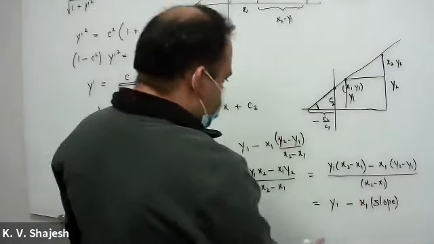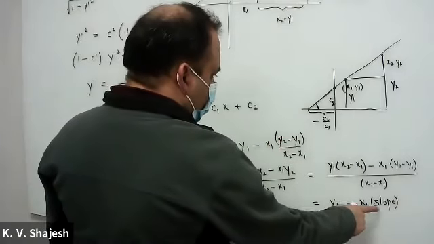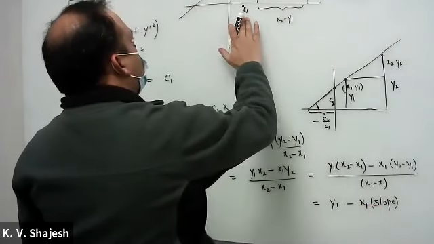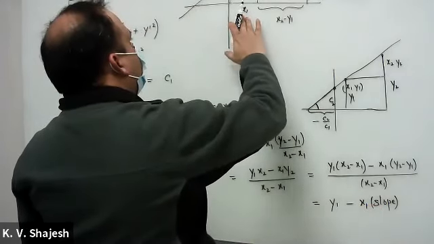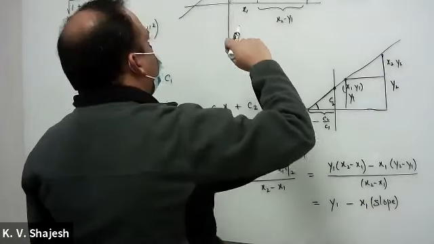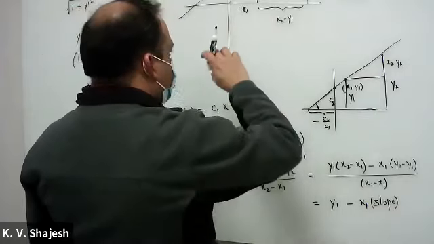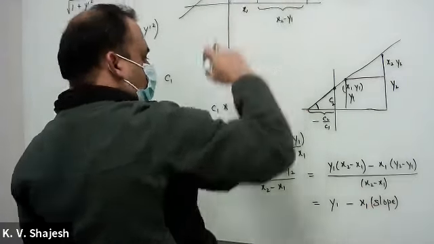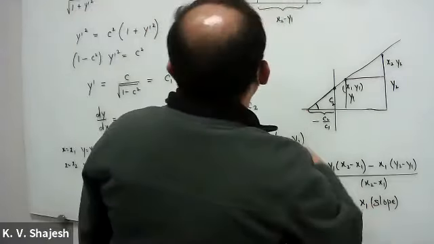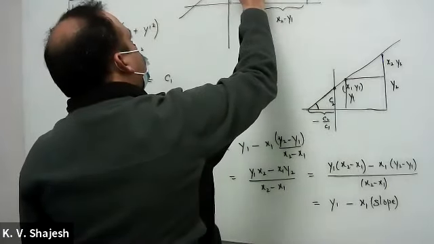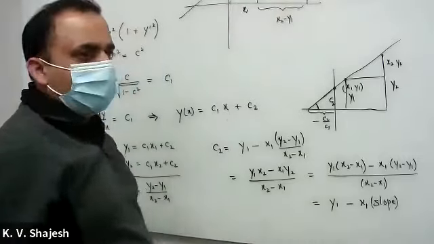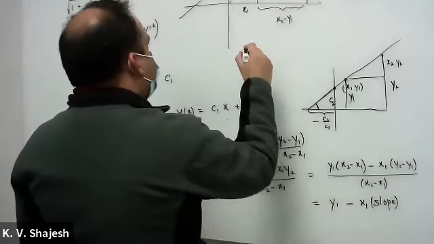Right? So what is x1 times slope equal to? If you go x1, that will give you y1, right? So this is nothing but y1, but that y1 is actually C2 plus however much you go from there. See what I'm trying to say?